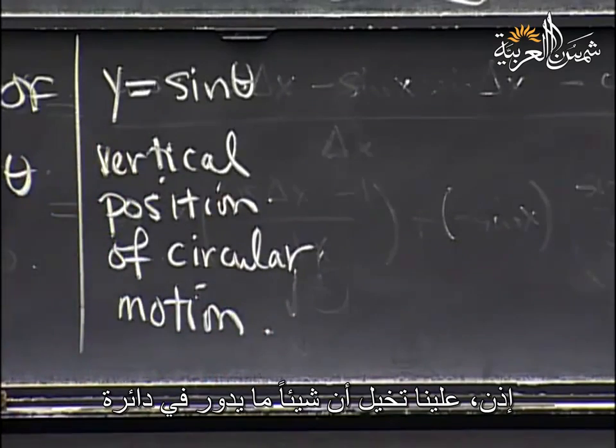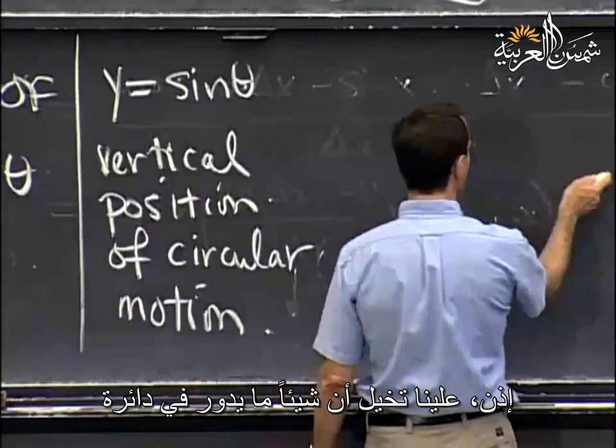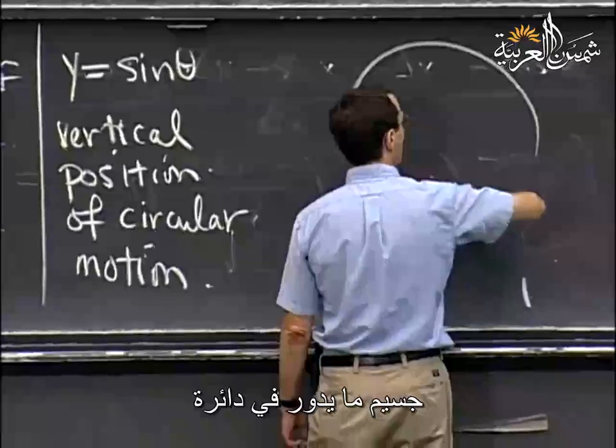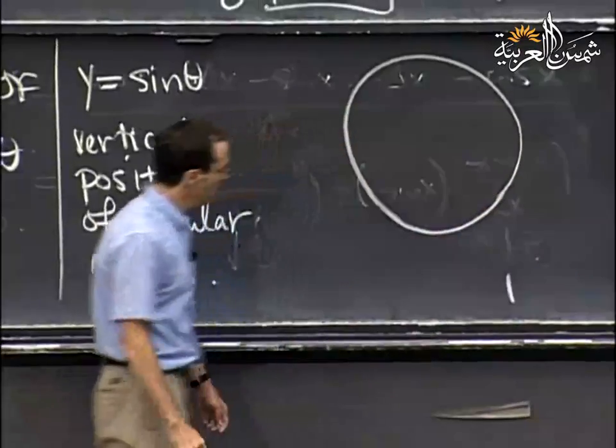So I'm imagining that something is going around in a circle. Some particle is going around in a circle.